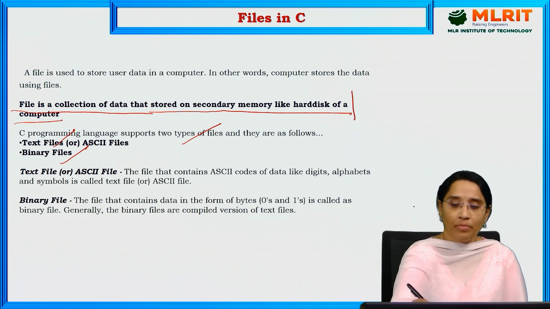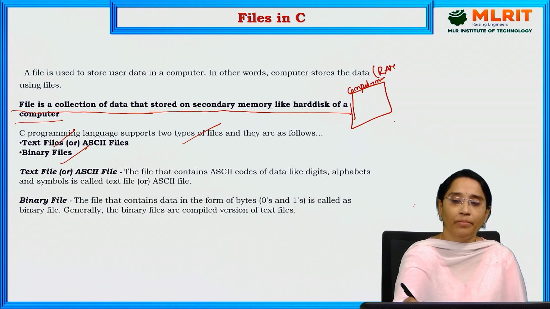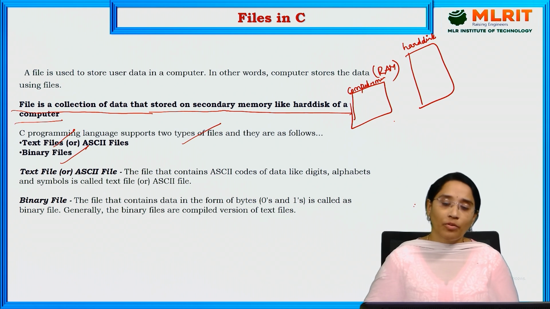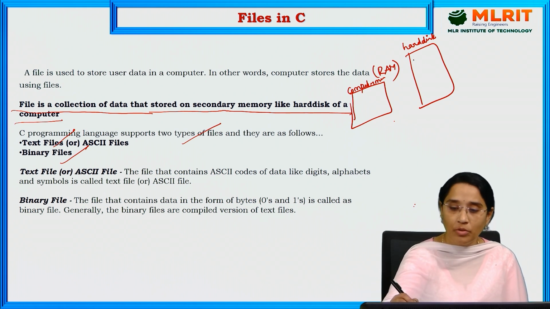Suppose this is your computer memory, or rather this is your RAM, and this is the hard disk of the computer. Whatever data you want to store for permanent purposes, you will store here in your hard disk.